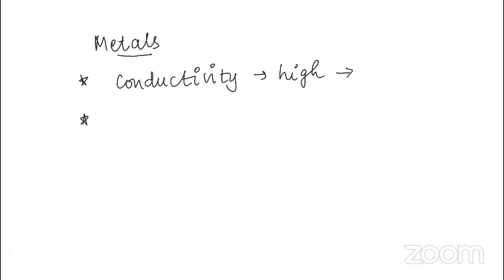So the conductivity of the metals is high. The conductivity value is higher for metals. Okay, so for conductivity we are using the symbol either sigma or rho.